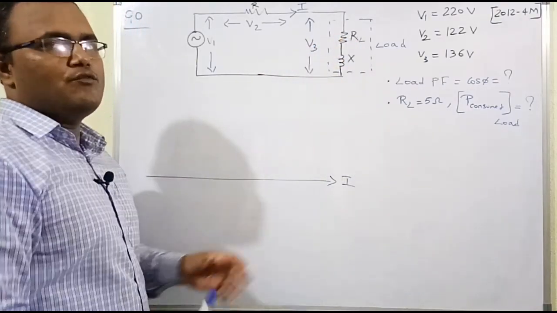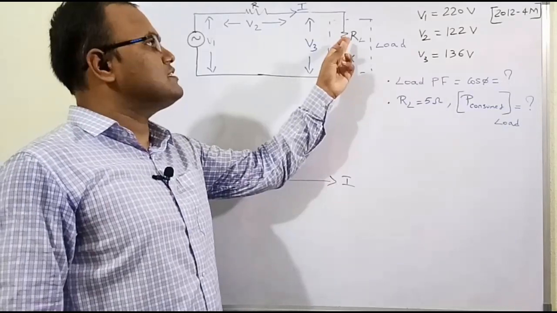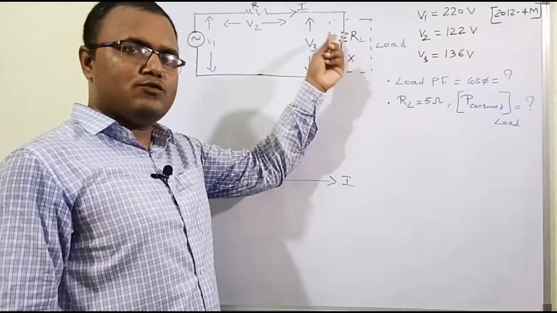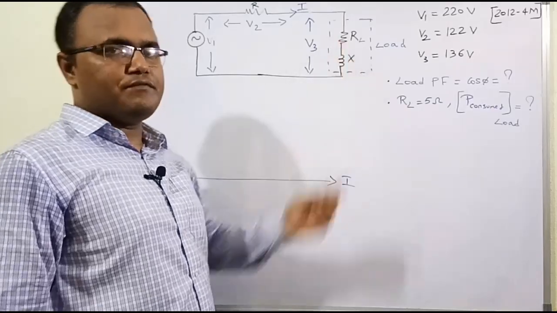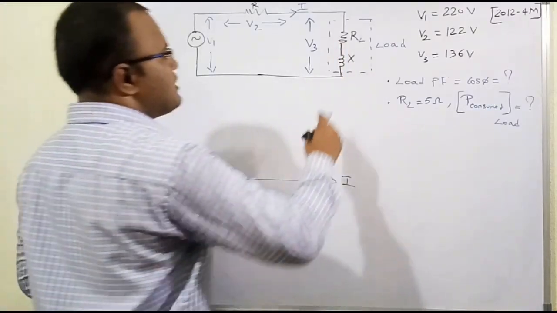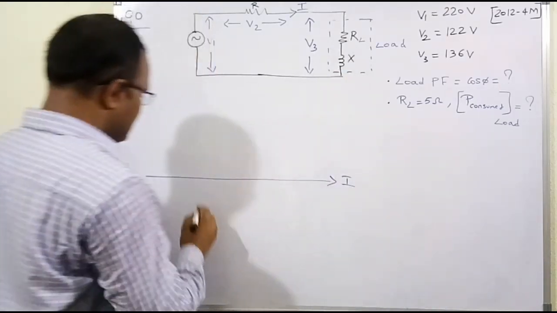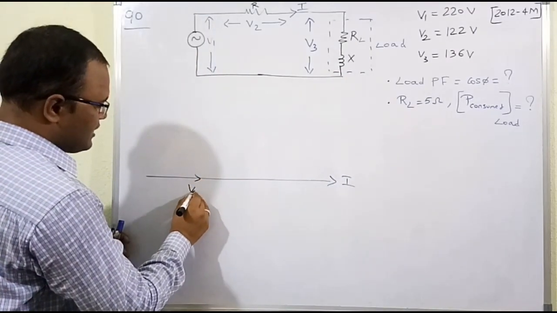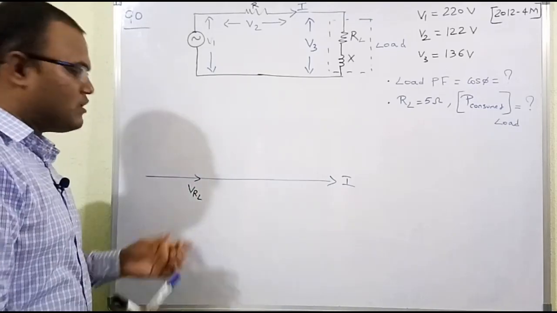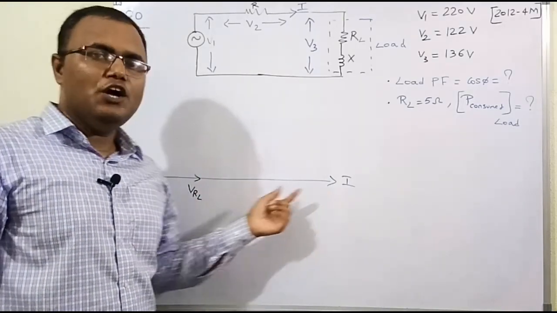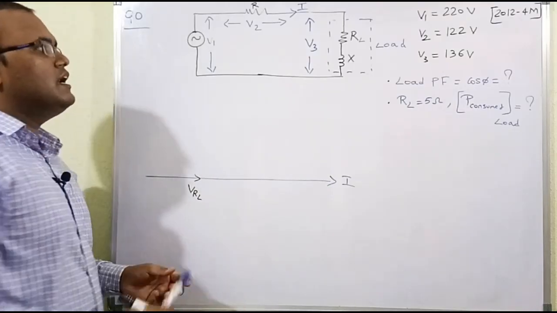First I will draw the phasor diagram for this load. The current in the resistor and the voltage across the resistor are in phase. So the voltage across the resistor RL and the current in the resistor RL are both in phase.